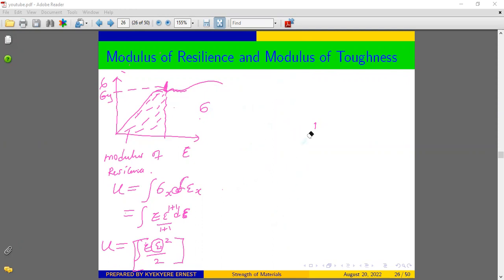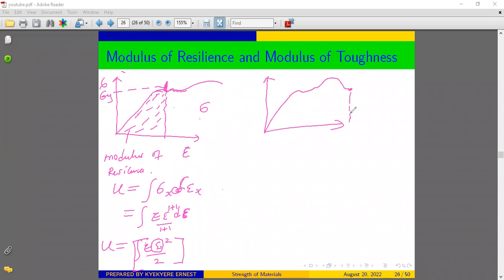So let's look at modulus of toughness. We said that the modulus of resilience is up to the yield stress. However, now when we talk about the modulus of toughness, it is the amount of strain energy density the material can absorb before it fractures. So we see that our curve is like that, and this is the point of fracture.